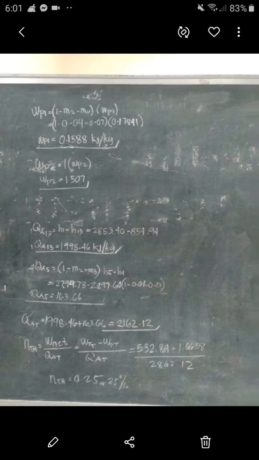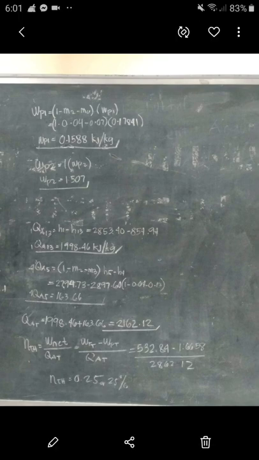So substitute the work total of 532.84 minus the work pump of 1.6658 and the heat total of 2,862.12.